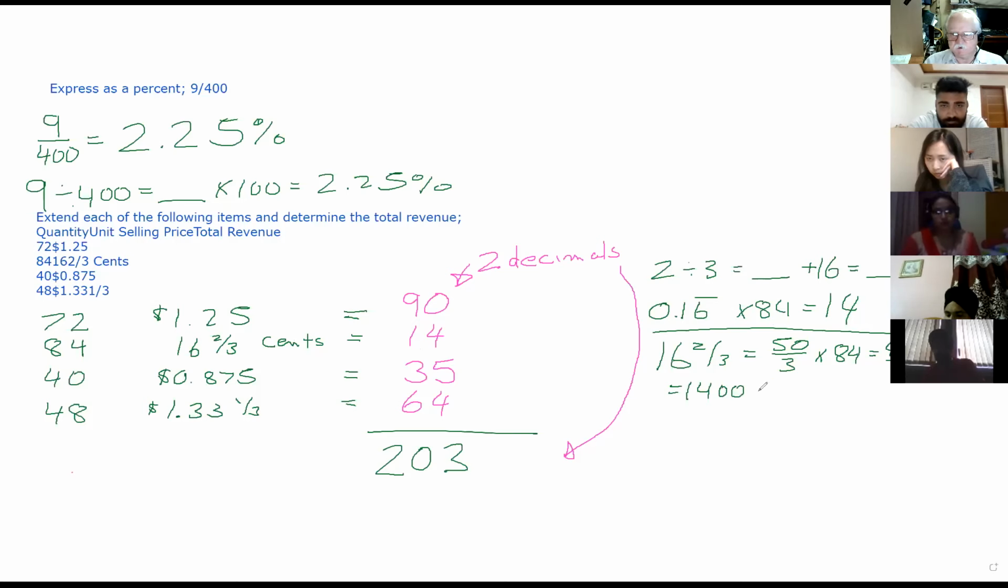But then because we're dealing in cents, we'd go divided by 100, and that would still give us 14. So does that help any?